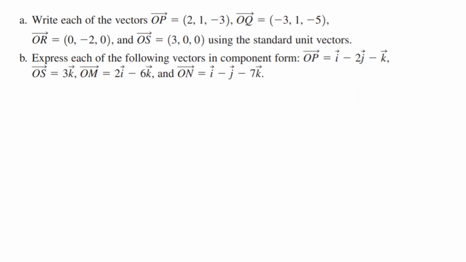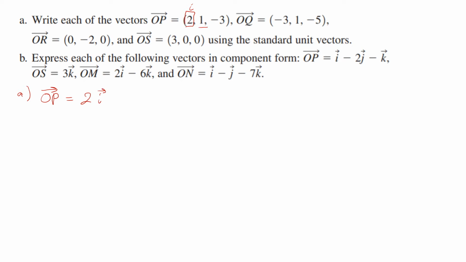Now passing on to an example, write each of the vectors OP, OQ, OR, and OS using the standard unit vectors. Starting with OP, we actually did a similar question previously in the previous chapter. So for this, my x component is 2. I know the x component for the unit vector is represented by i, so all I'm going to say is 2i.